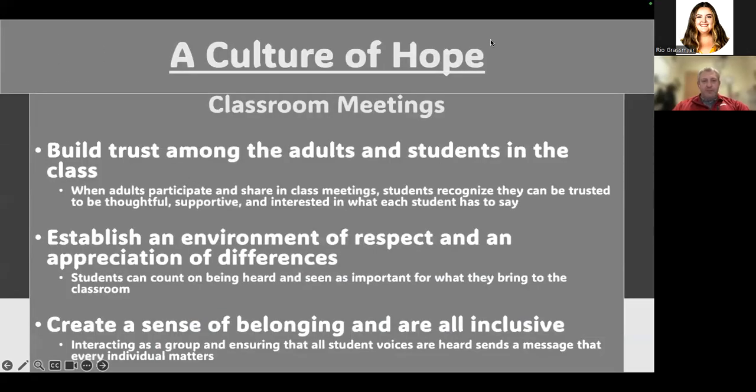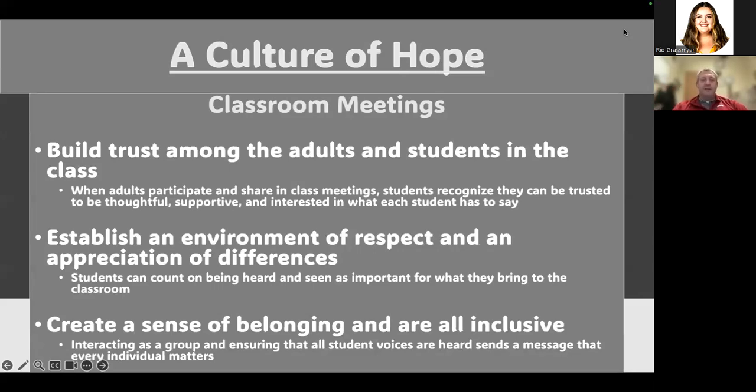Classroom meetings, just briefly here. We spoke about building the trust amongst the adults in your classroom. Even though they're adults, they're going to need a little bit of encouragement and a little bit of a push towards the safeness and the equity there. So make sure that you have a safe classroom where it's okay to say something that doesn't really make sense, as far as asking a question, or if we don't understand.